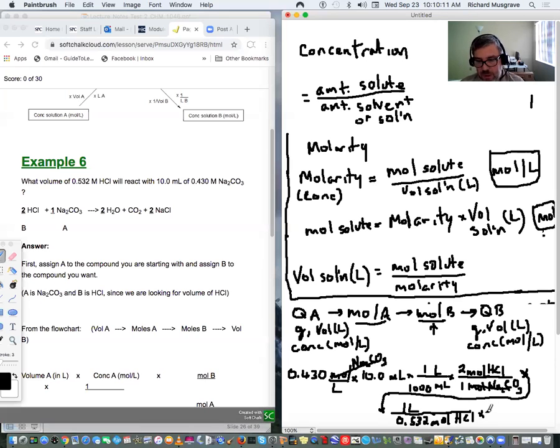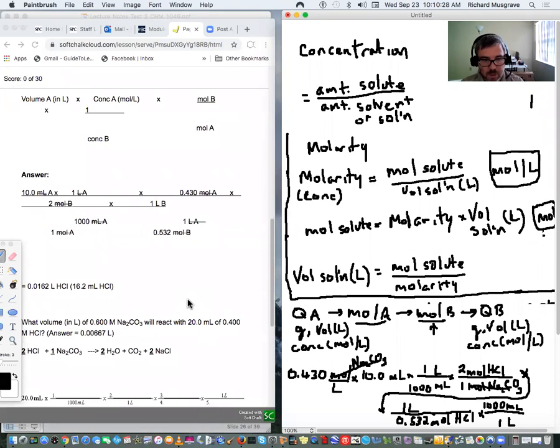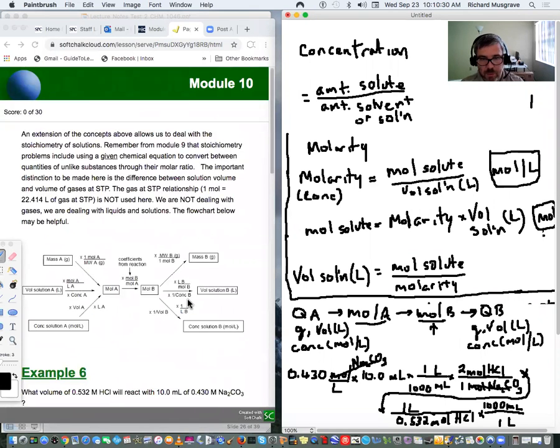And if I wanted it in milliliters, then I'd do one more conversion. Put milliliters on top, liters on the bottom, 1 liter, and then 1,000 mils. And that will give me my final answer, which comes out to be 16.2 milliliters of HCl.